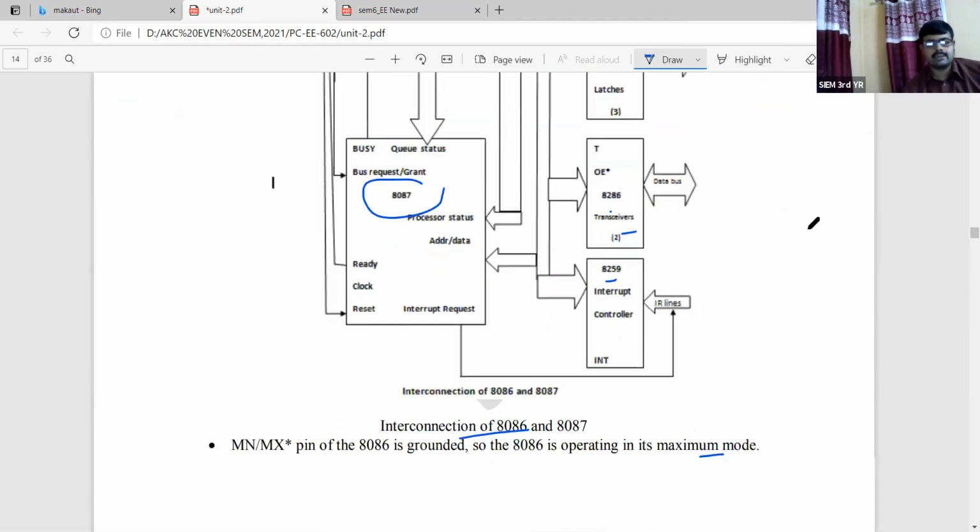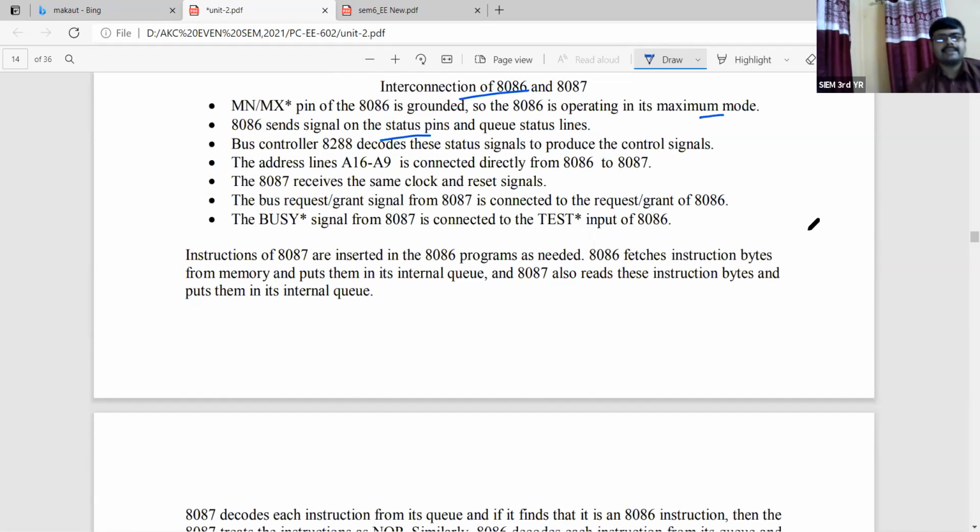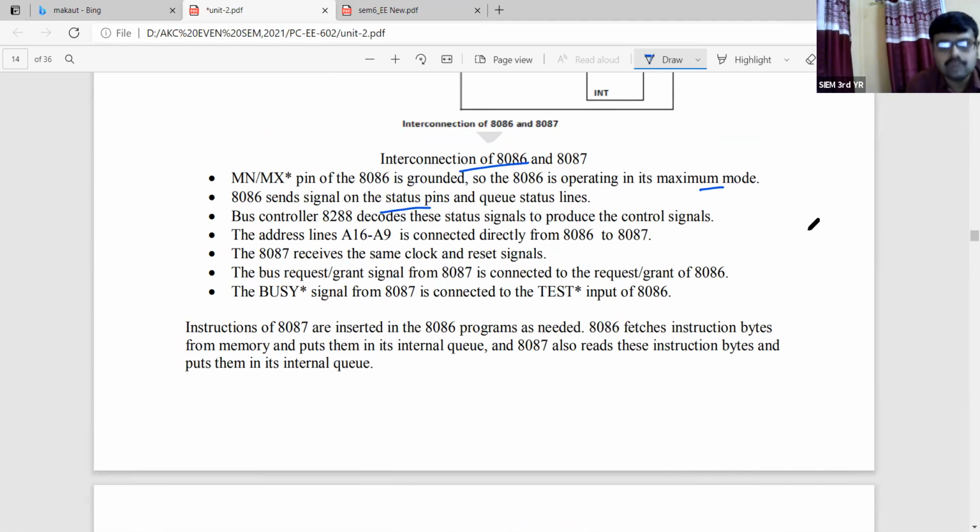This bus controller 8288 decodes the status signals to produce the control signals. The status signals will be decoded, and the different control signals that will be generated depend upon this decoded sequence.